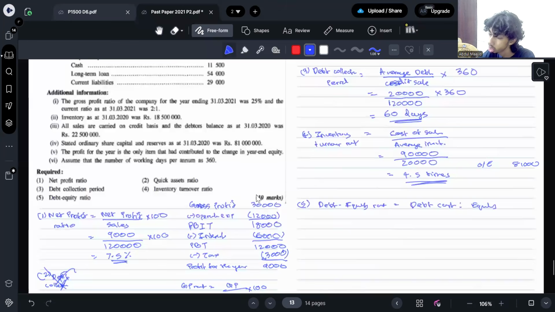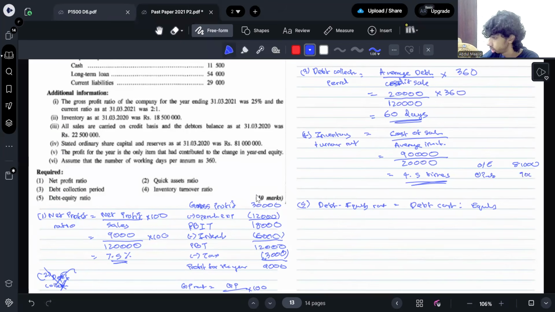For that, you have to add the profit. The profit for the year is the only item that has contributed to the change in equity. The net profit for the year, 9,000, you have to add. Then the closing equity will be 90,000.